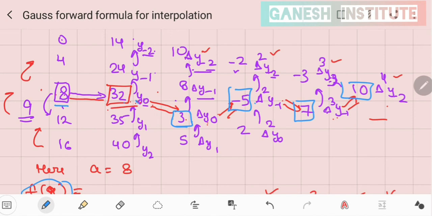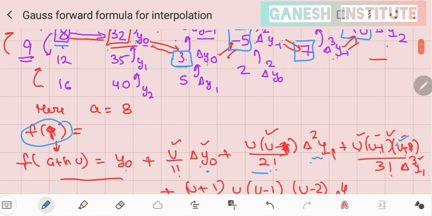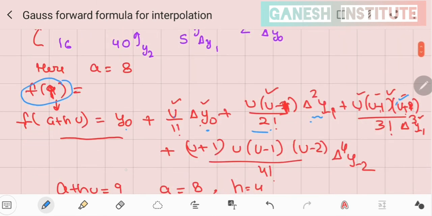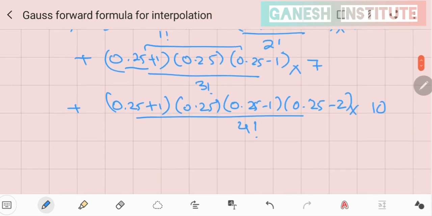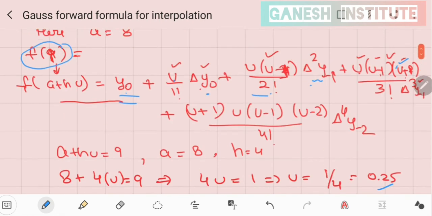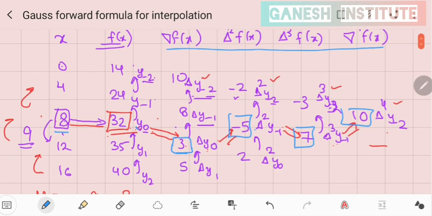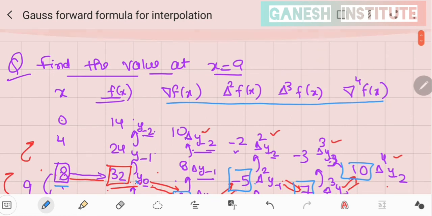It goes downwards first, straight, then down, then up, then down, then up. On that basis you can write this formula, find out the value of u, substitute here, and you will get the solution. So it would be 33.1162.